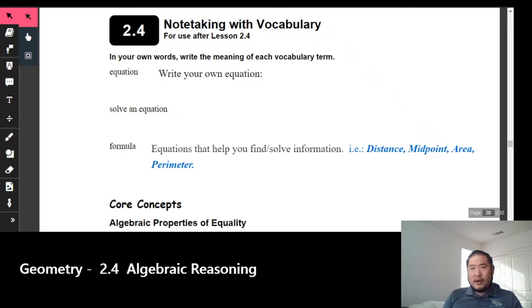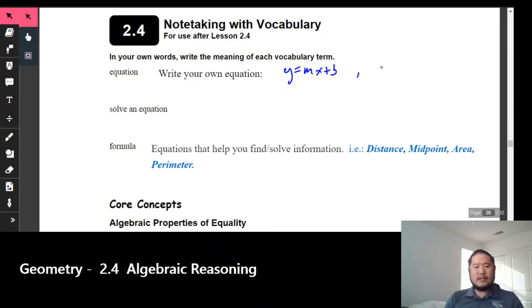The first thing it says, write your own equation. Well, hopefully you're familiar with a few, like y equals mx plus b, our slope equation, right? We've talked about the midpoint formula. We have another equation that's used as the quadratic formula.